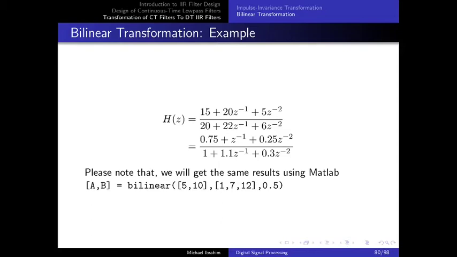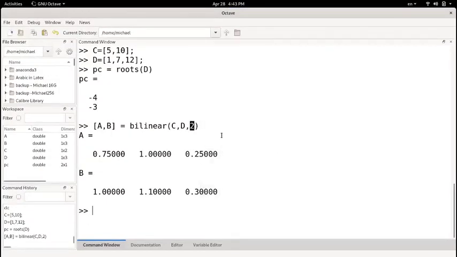So let's check if the poles of the discrete time filter are located inside the unit circle, because this was one of the features we need to have. So now we know that we have two poles of the continuous time system at -4 and -3, located in the left half plane.